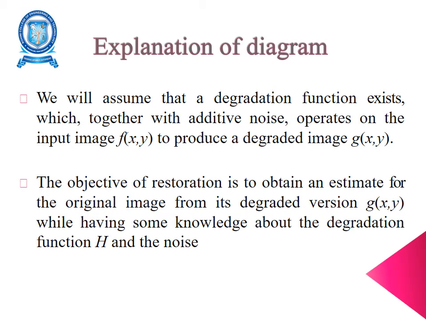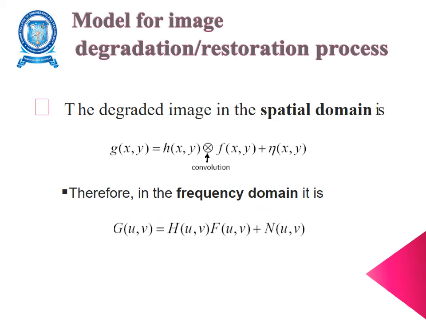The main objective of restoration is to obtain an original image from this degraded version g of x comma y, while having some knowledge about the degradation function h as well as the noise. By using these two basic pieces of knowledge, we are going to restore the original image.